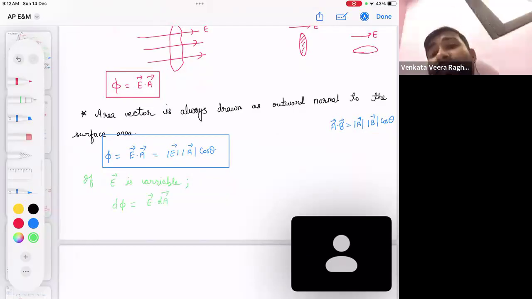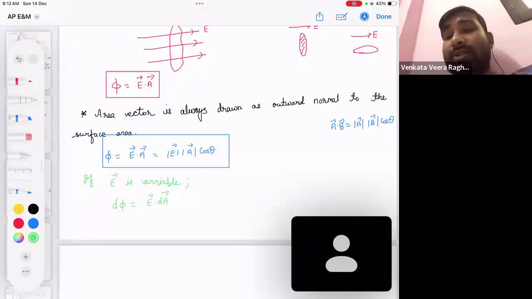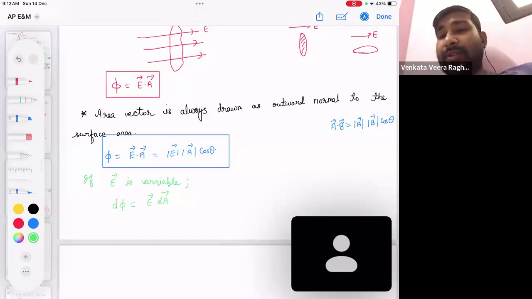Small amount of electric flux means E dot dA. And then to get the total electric flux, we integrate, and that will give us the total electric flux.